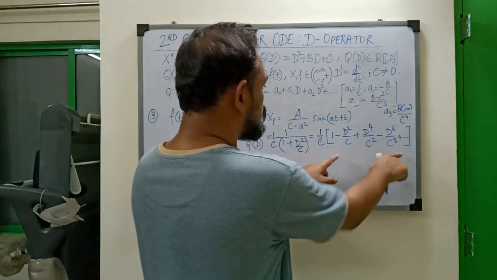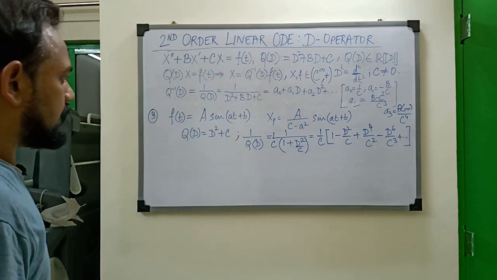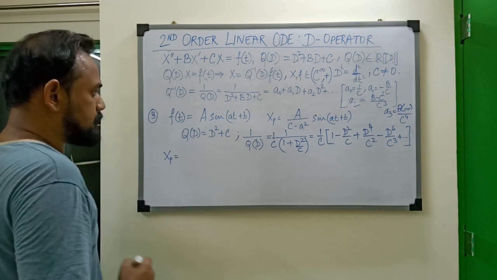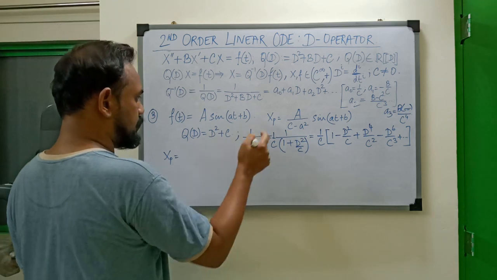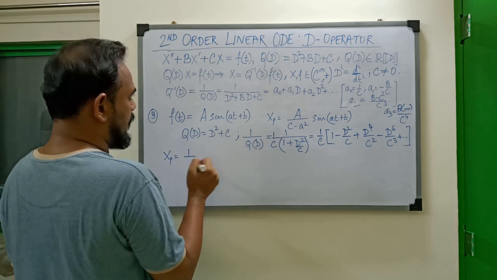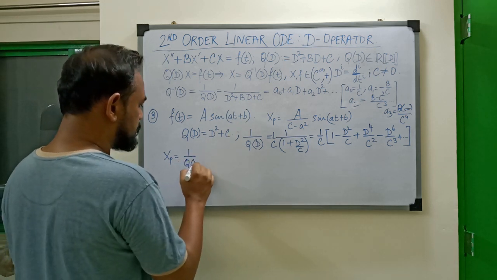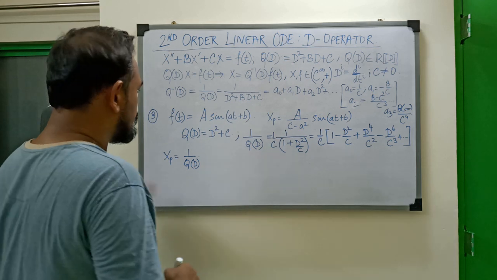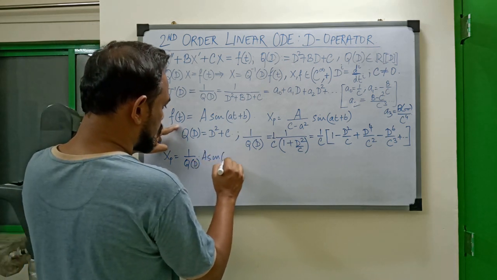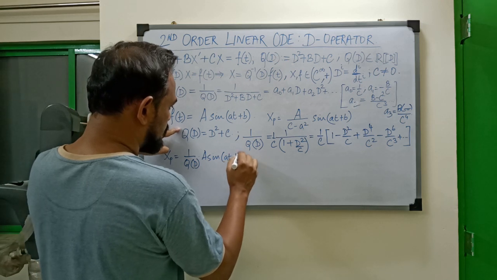So what we're going to do here is this. xp, the particular solution for this one where b is 0, is going to be 1 over qd acting on ft, which is a sine small at plus b.